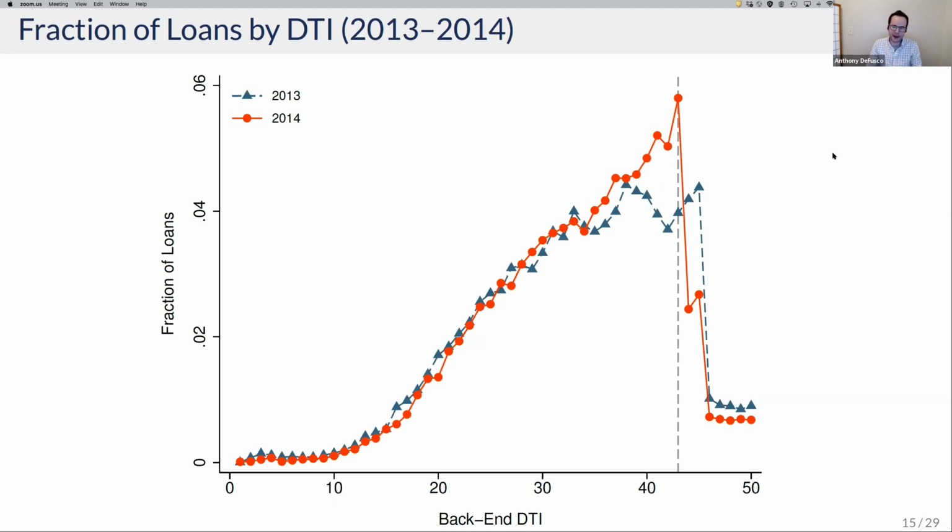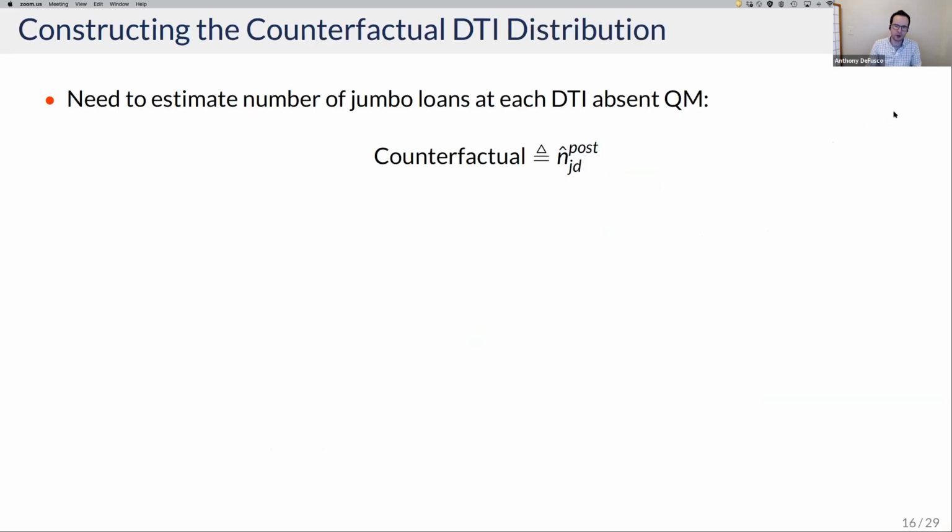Okay, so what we do in the paper is try to come up with a way of actually measuring those quantities that's a little bit more sophisticated than just using the 2013 distribution, right? We can't just say that what was going to happen in 2014 if the law wasn't passed is equal to what happened in 2013. We have to have a more sophisticated guess than that. And so what we do is we try to build up to that using what we know happened in the data.